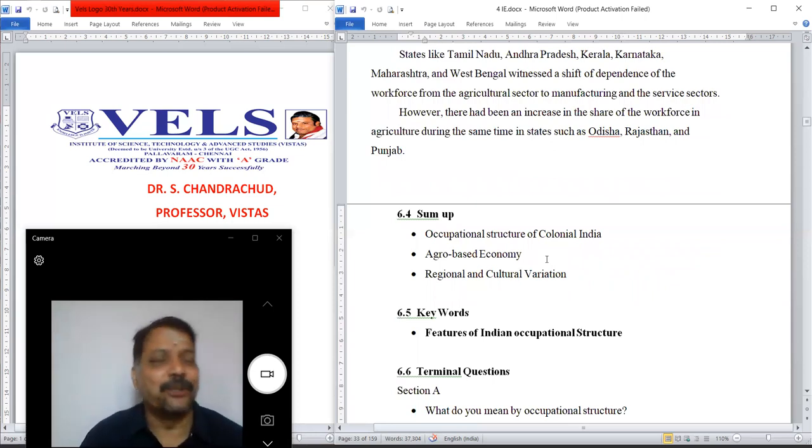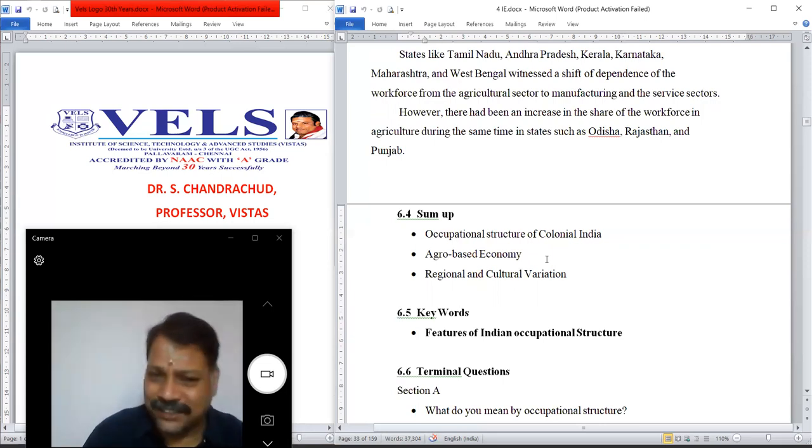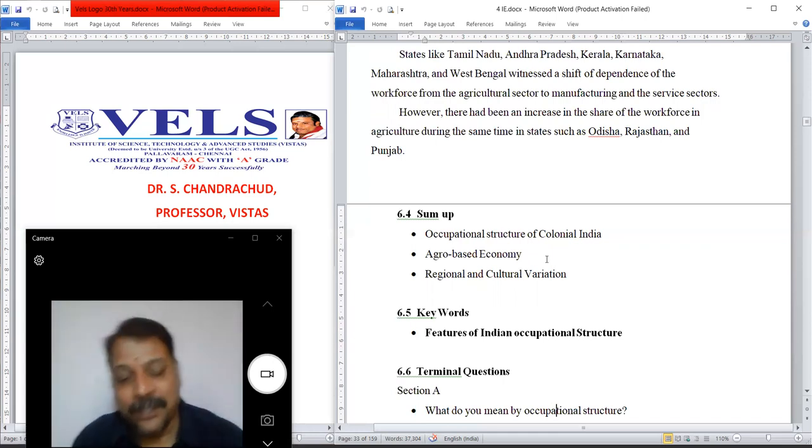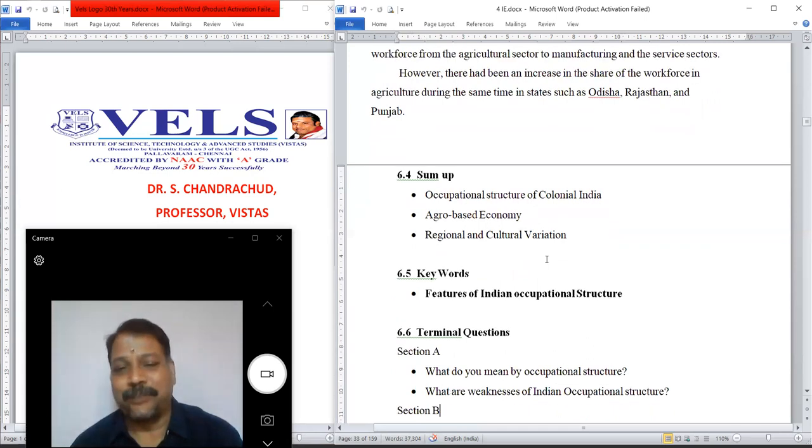They may also ask about the occupational structure of an agro-based economy. And one more question they asked last time is: explain regional and cultural variation in terms of occupational structure. The keyword is only one, occupational structure.